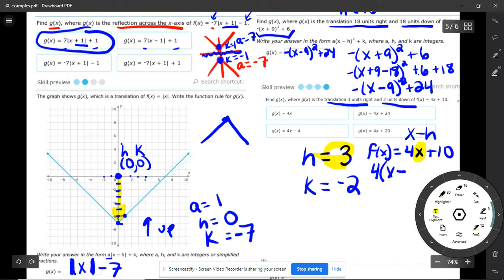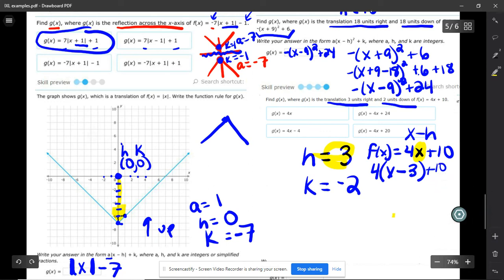So it's going to be x minus, and I'm going to plug positive 3 in. And then I have plus 10, and k is negative 2, so minus 2.